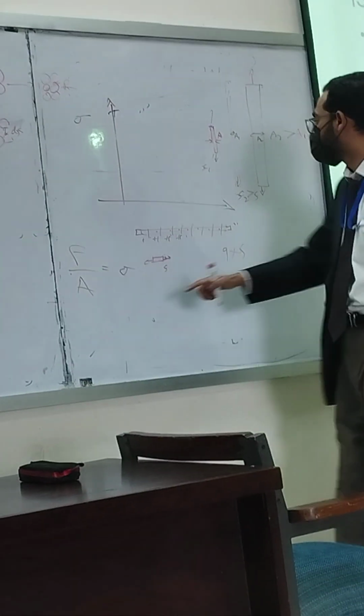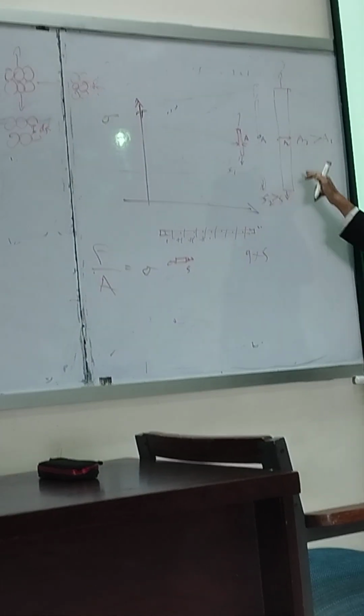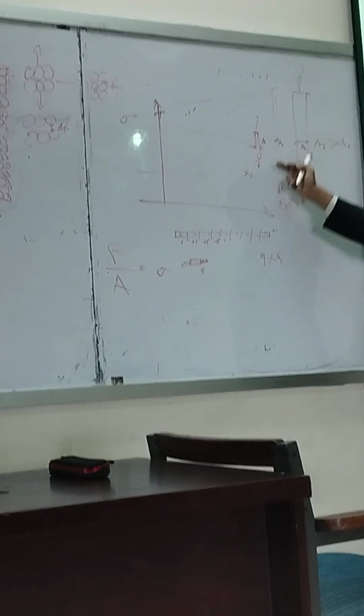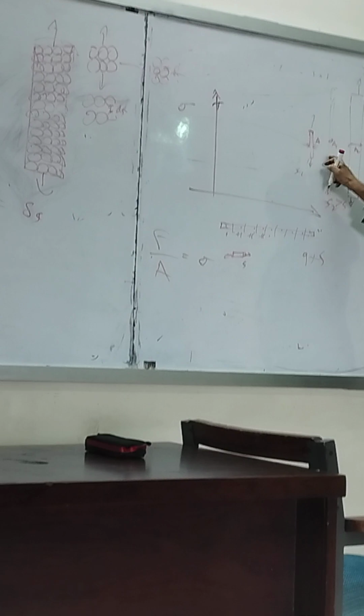So we are going to rationalize force. What about area? They have the same length, but still, due to difference in area, we know that there is going to be a change in the amount of displacement. What about these two samples? We have the same cross-sectional area, but the length is different.